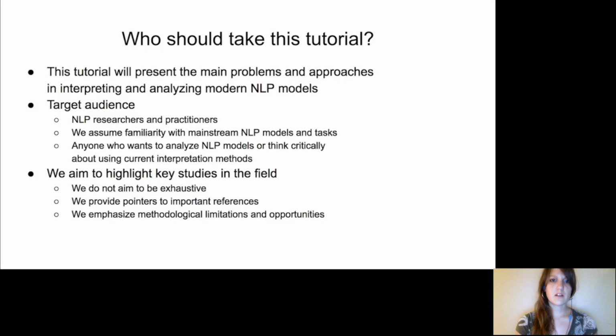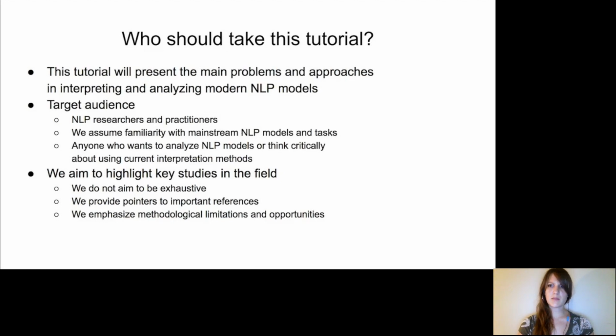So before we get started, we just wanted to give an overview of our expectations and goals for the tutorial and our target audience. Our idea is to present a broad overview of the key areas and techniques that have been recently introduced within the area of interpretability and analysis of NLP models.